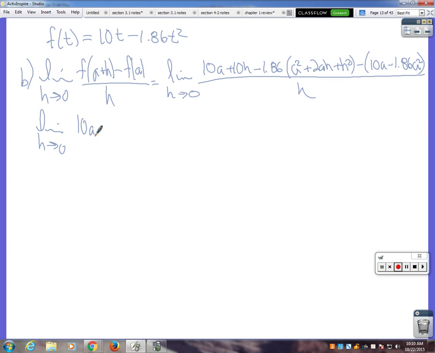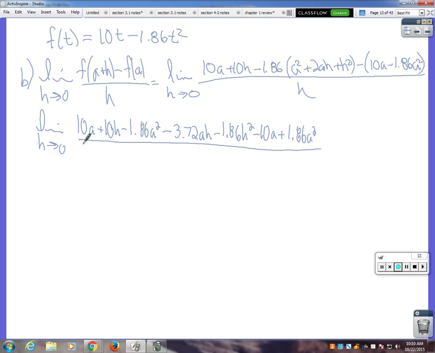So 10a plus 10h minus 1.86a squared minus, what did we decide that was? 3.72ah minus 1.86h squared minus 10a plus 1.86a squared, all over h.